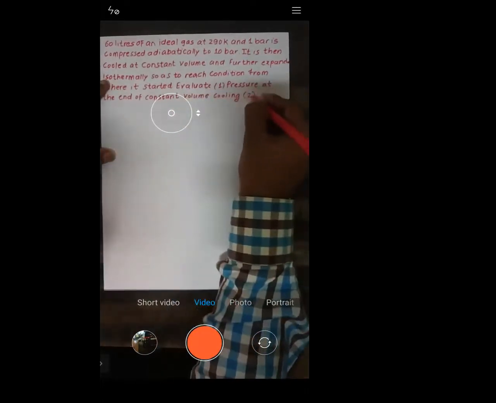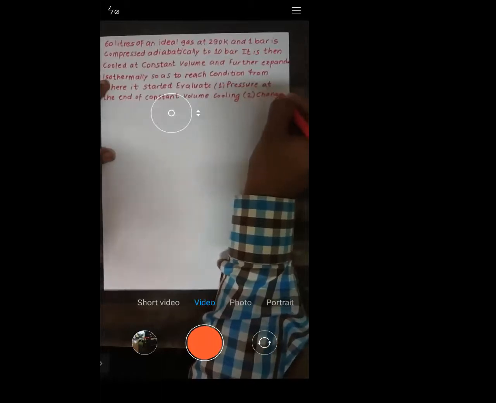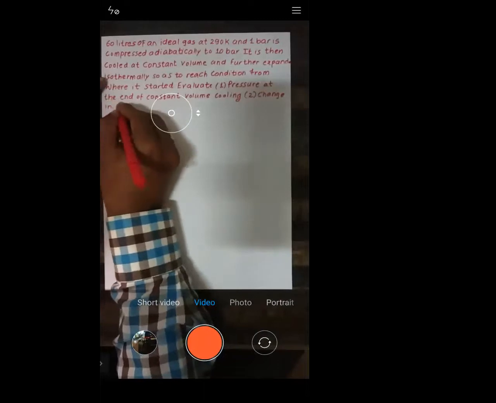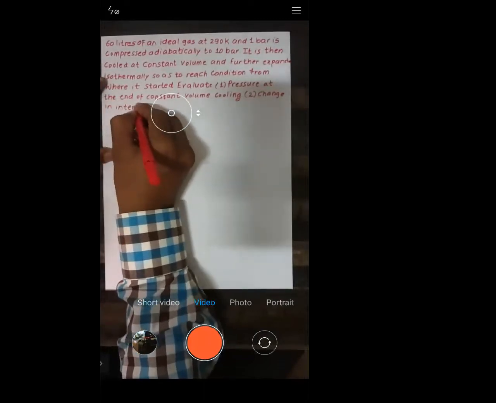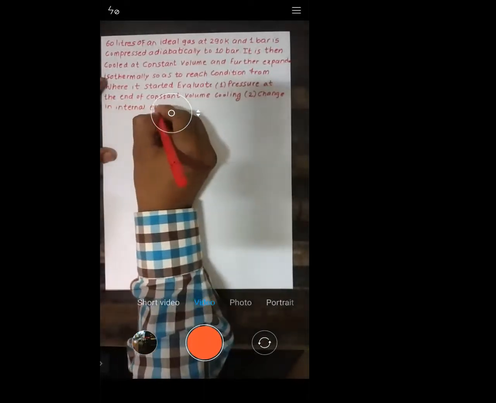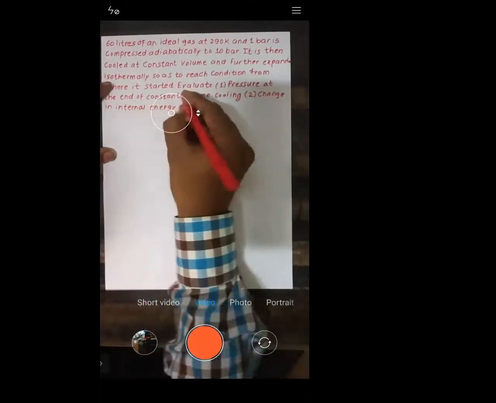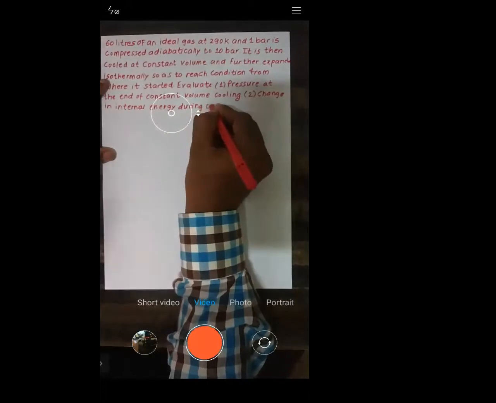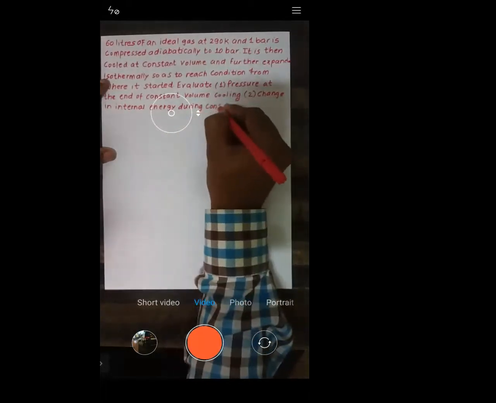Second, the change in internal energy during the constant volume process.